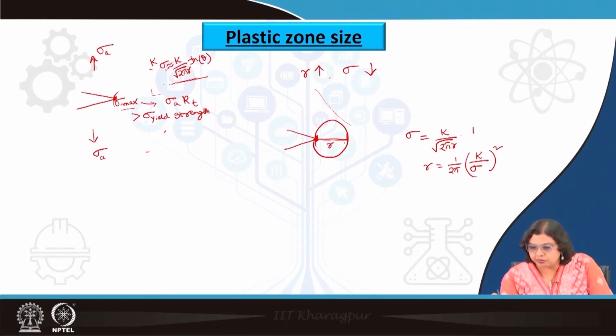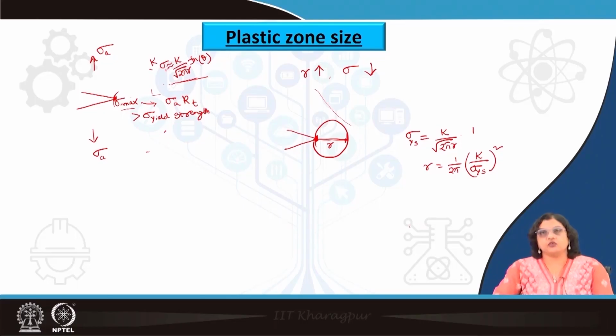Now, sigma at this point of plastic deformation is nothing but the yield strength of the material, so this should be sigma ys. So, if we know the yield strength of the material and the K value, the stress intensity factor, or at the point of fracture we can also use the fracture toughness value, then we should be able to find out this plastic zone size. This is typically denoted as Ry.